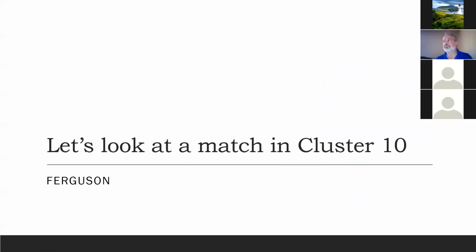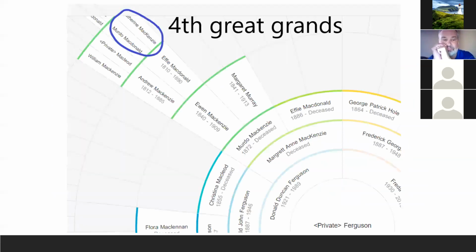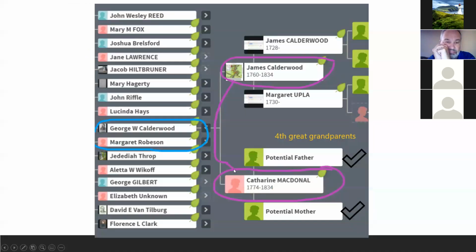And it doesn't say Ferguson first name or last name, so I have no idea what that is. That was just the username. So I look at the tree for Ferguson, maybe private first name, last name Ferguson. And what I find is, if you go far enough out, I've got here a Murdo McDonald and Effie McDonald. And in my family tree, I'll show you that, I have McDonald's here.